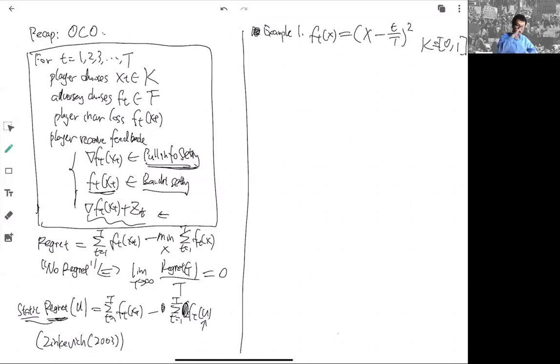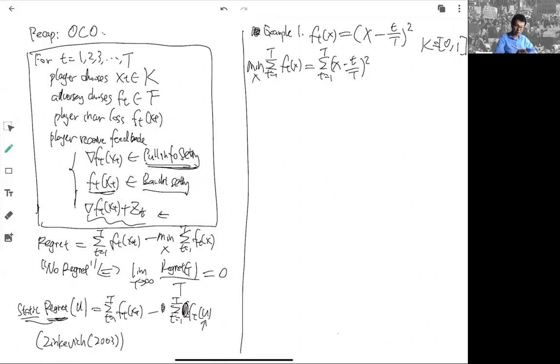You can choose any number between 0 and 1. So what is the best expert in hindsight in this situation? Let's add everything up, t from 1 to T. The sum of ft of x is equal to the sum of x minus t over T squared, t from 1 to T. Okay, so let's try to evaluate what the minimum is.